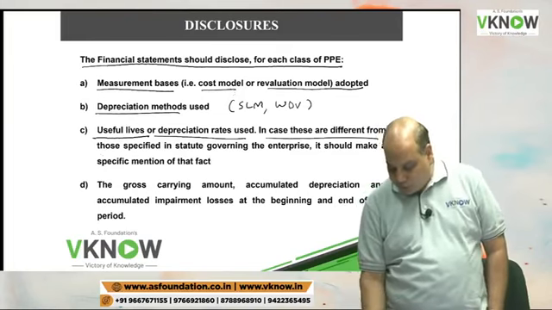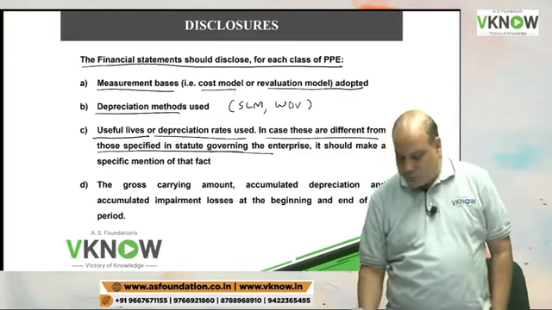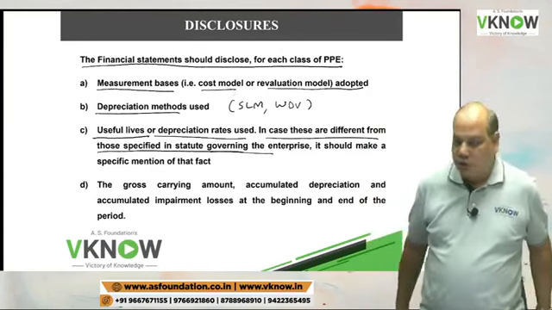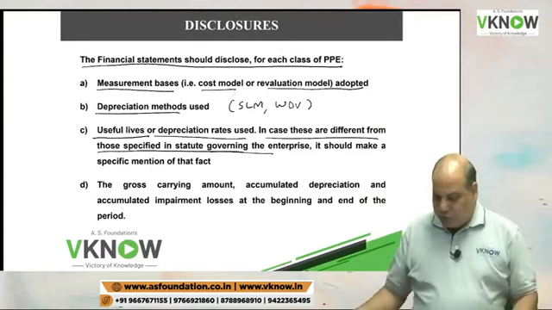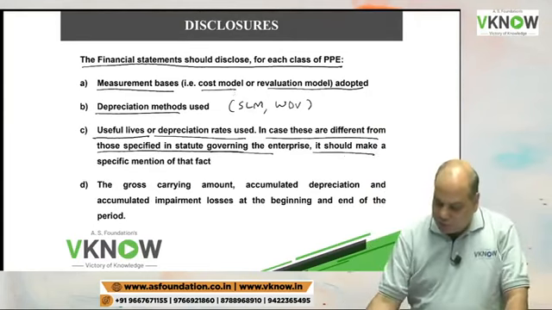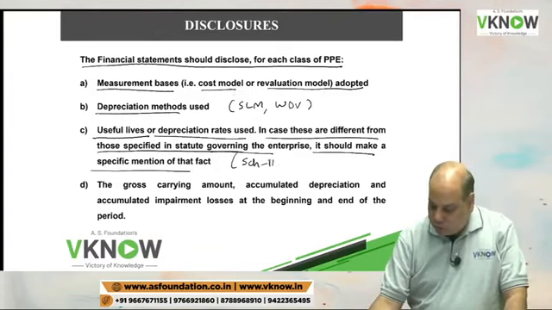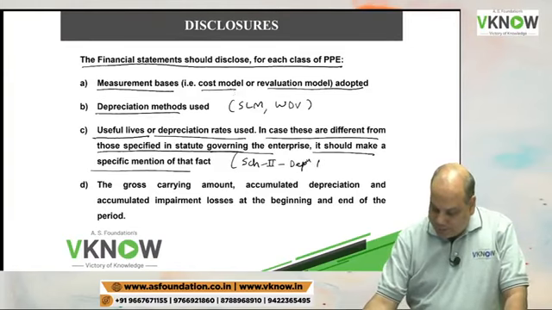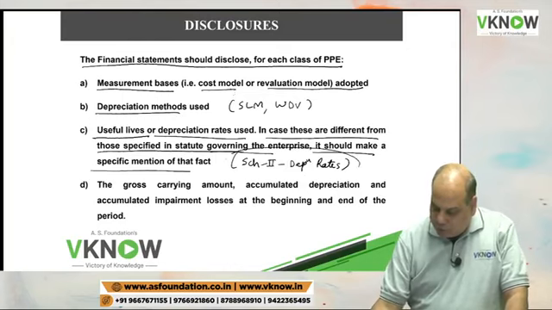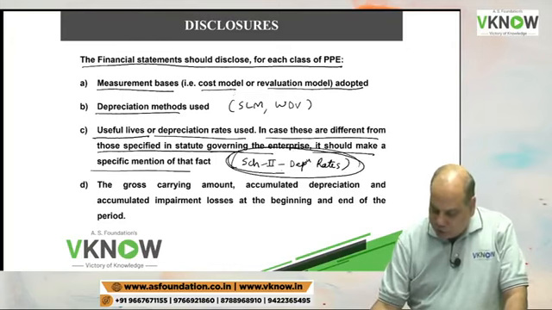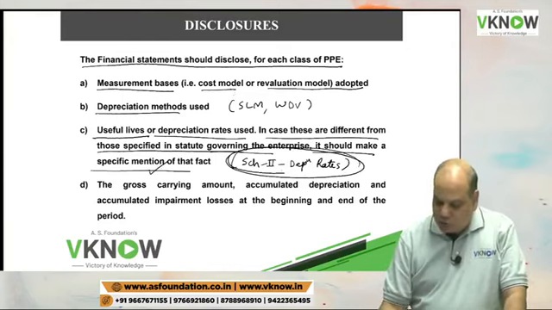In case they are different from those specified in the statute governing the enterprise, it should make a specific mention of that fact. Like you have Schedule 2, which gives you depreciation rates. If you are using rates different from those given in Schedule 2, you have to disclose.